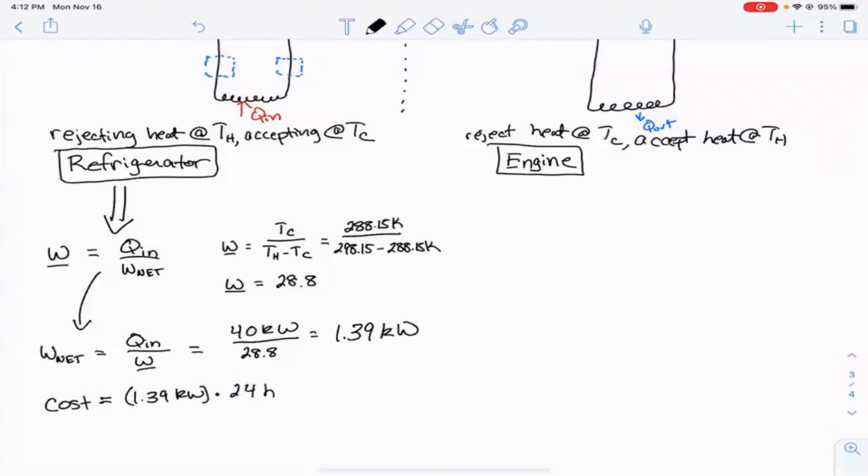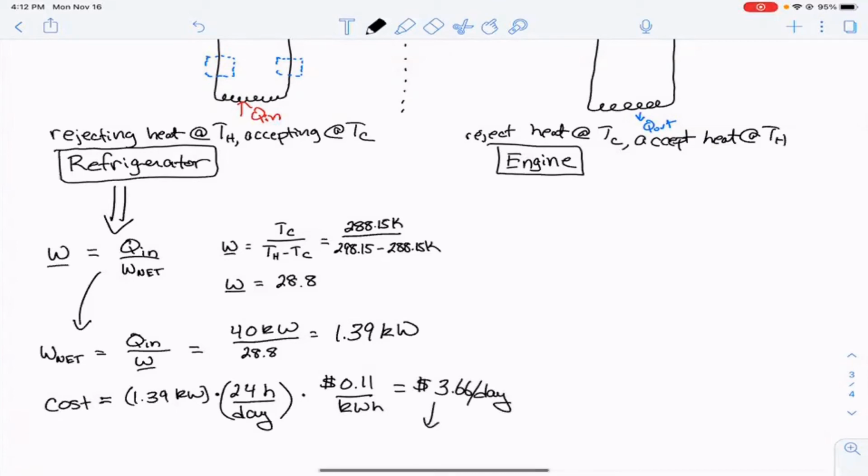So we know that there's 24 hours in a day, and that we're going to assume that we're buying the electricity at 11 cents per kilowatt hour. And if you cross out the units, you get to a cost of $3.66 per day. Or if your month had 30 days, that would be something like $110 per month.